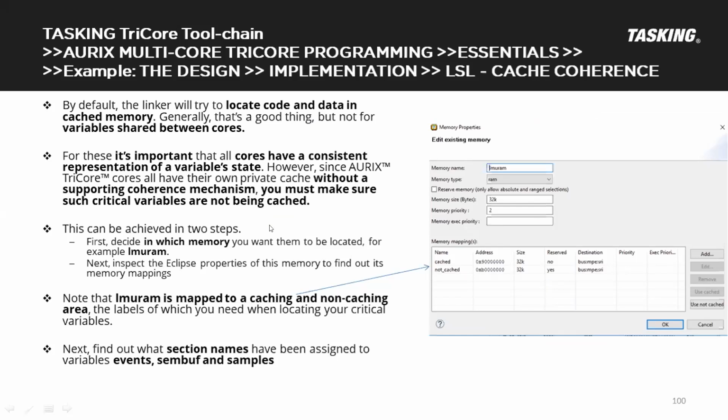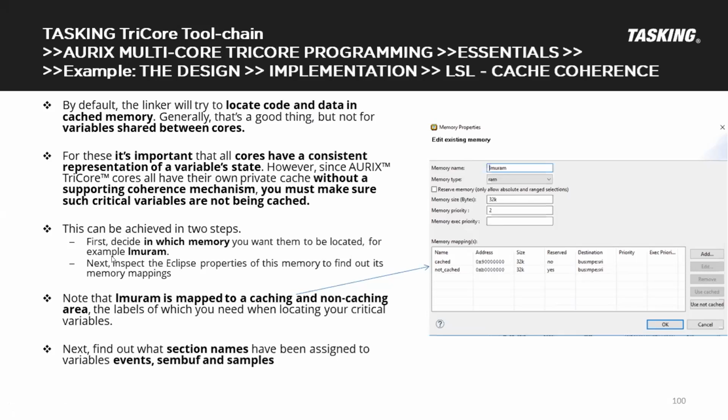And how could you do that? You could do that in 2 steps. So first, you have to decide where you are going to locate such data objects. So I decided for this case to locate it inside the LMU. So the local memory unit, this is the place where I decided to locate my data.